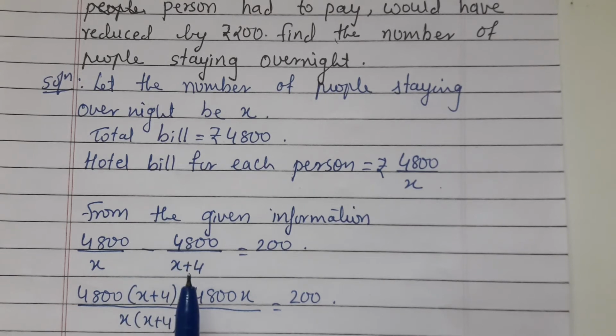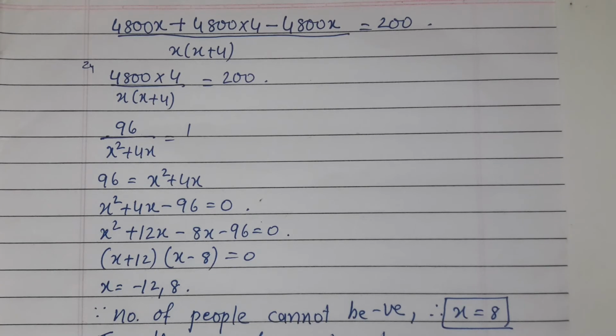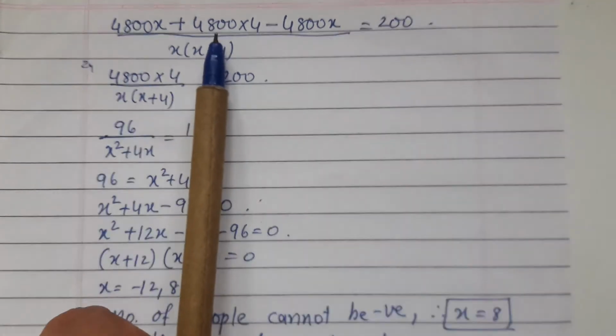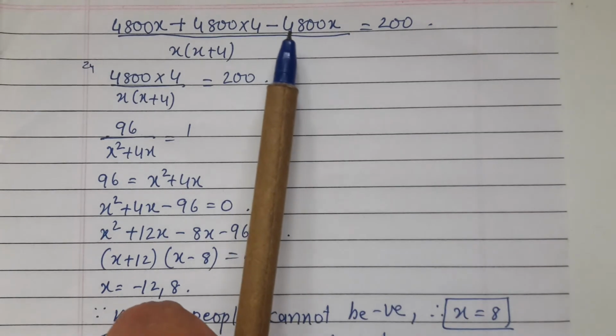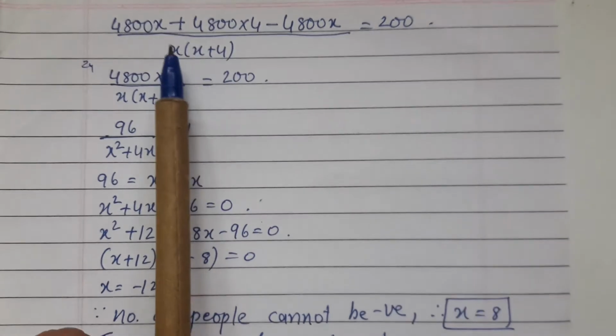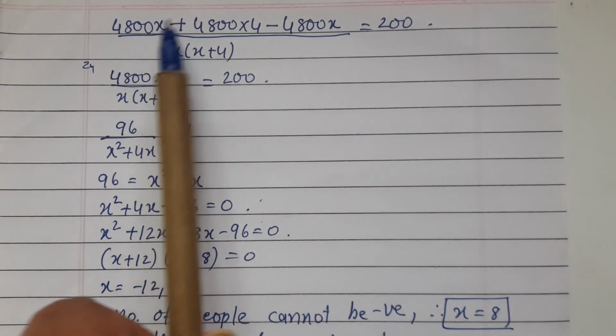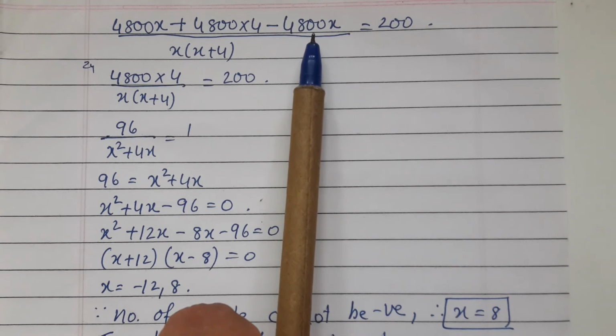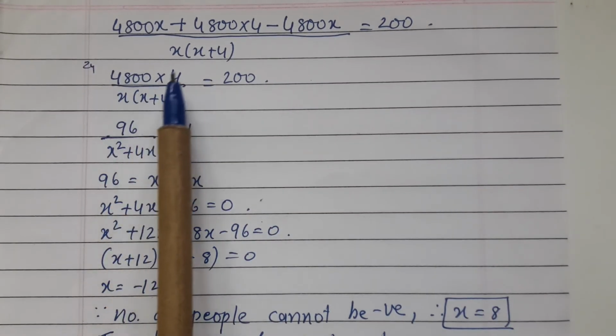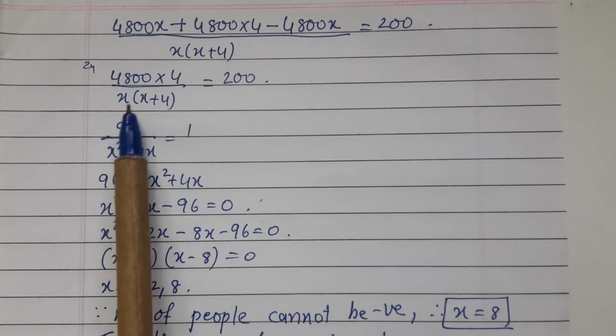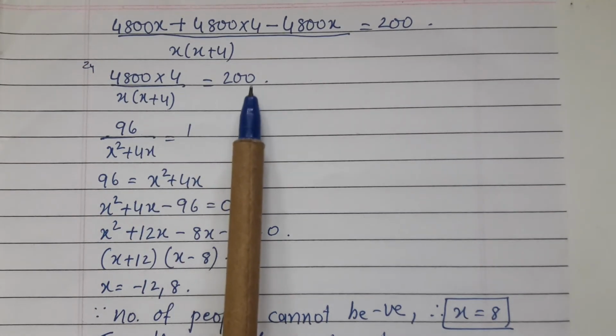This term, multiply and divide by x. 4,800 into x plus 4 minus 4,800x upon x into x plus 4 equals 200. 4,800x plus 4,800 into 4 minus 4,800x upon x into x plus 4 equals 200. 4,800x minus 4,800x get cancelled. We get 4,800 into 4 upon x into x plus 4 equals 200.